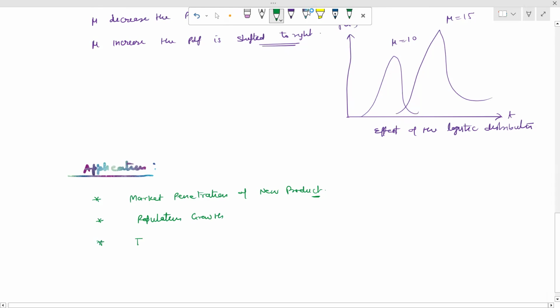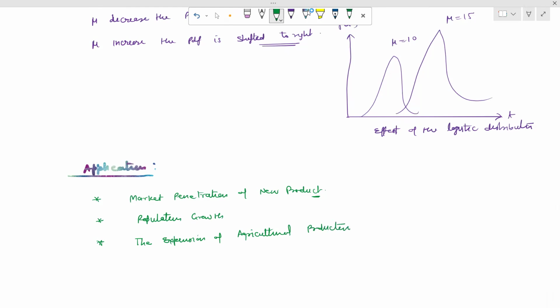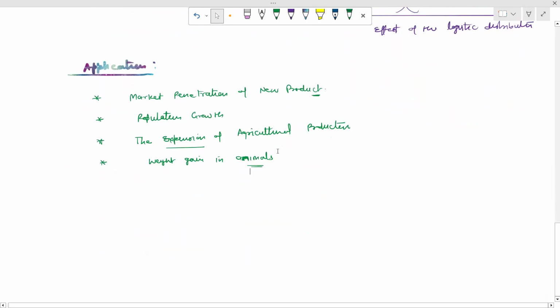Third, we can use this distribution for expansion of agricultural production. How to increase the production? So we basically use it for expansion of agriculture. Also weight gain in animals. So these are basically applications of the logistic distribution.